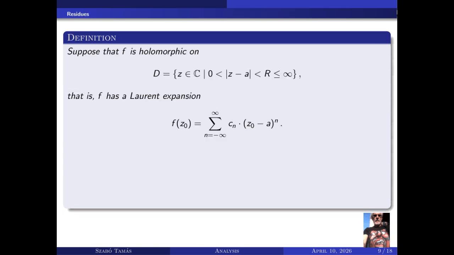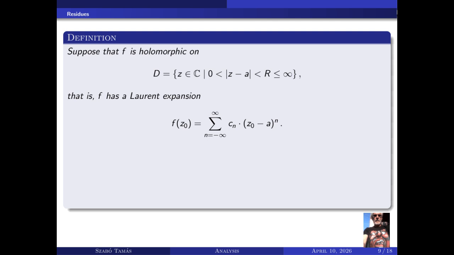Residues. Suppose that f is holomorphic on the punctured disk D, the set of all z in the complex plane such that 0 < |z − a| < r, with r ≤ ∞. That is, f has a Laurent expansion, f(z) = the sum over all integers n of c_n (z − a)^n.